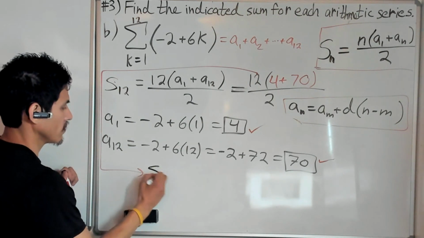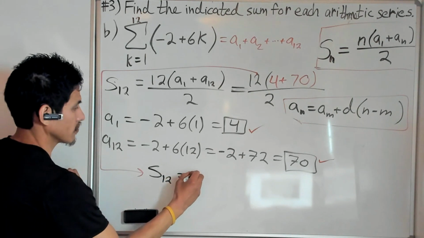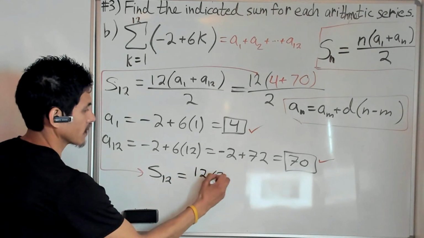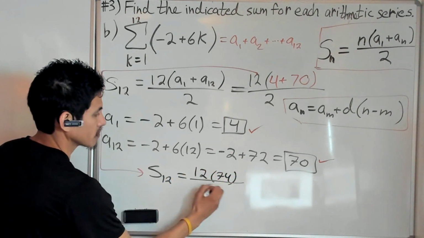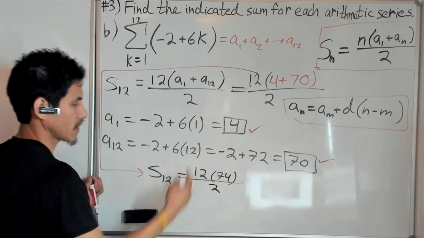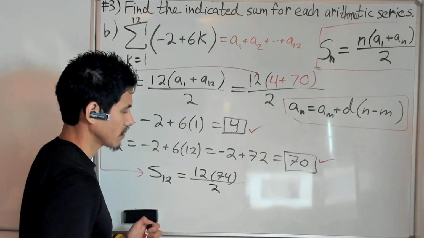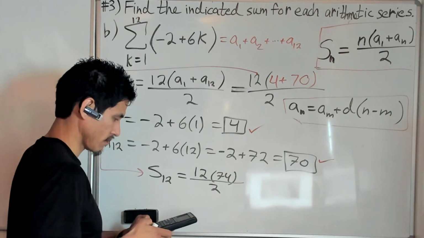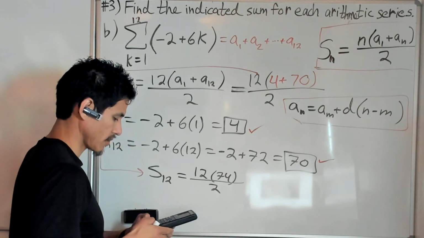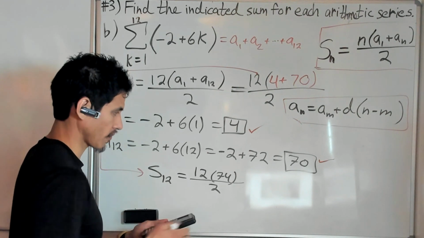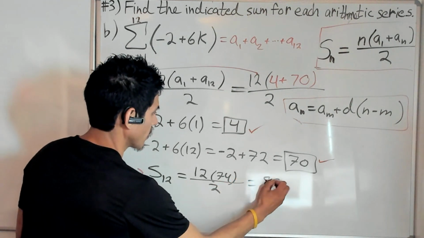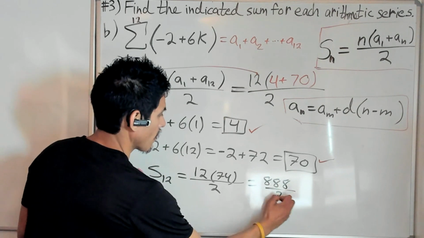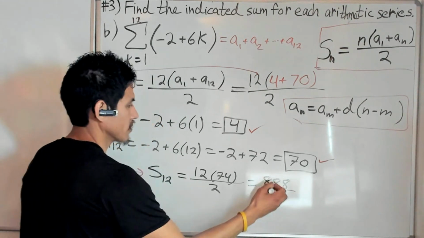And we'll get S12 equals 12 times 74 over 2, or 6 times 74. I think it's 444. Let me give my calculator a workout here. Yeah, we'll get 888 over 2, which is 444.